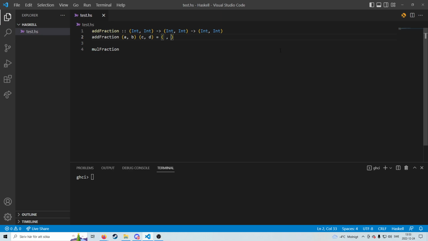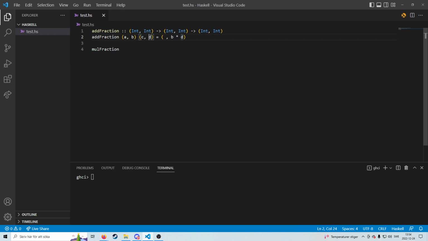Okay. So what is a way that we can make sure that the denominators in these two fractions are the same? We can just take the denominators and multiply them together, right? This would always give us an equal denominator in both of our terms.